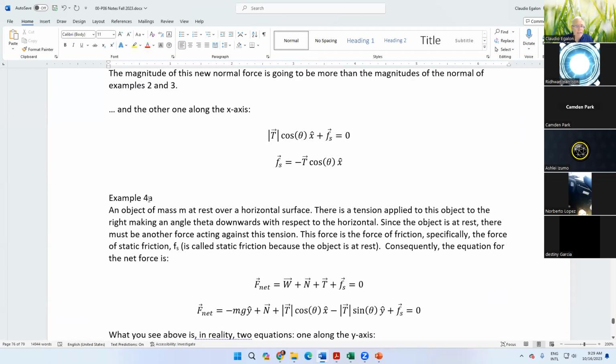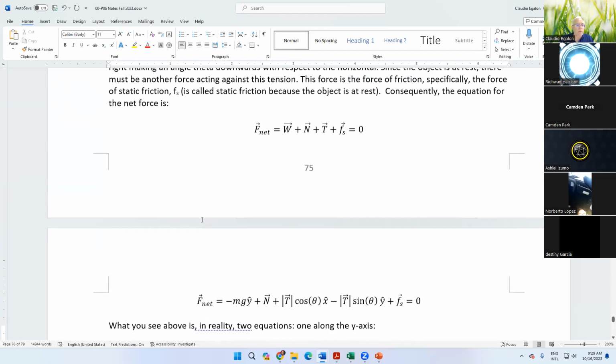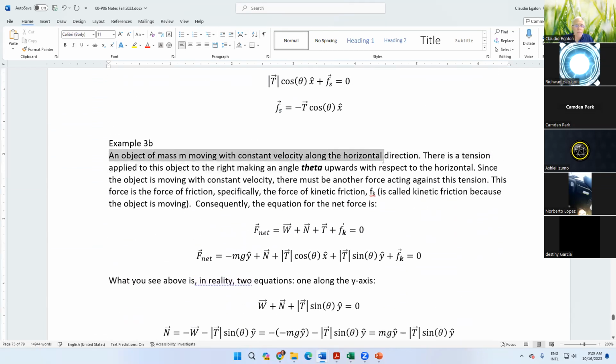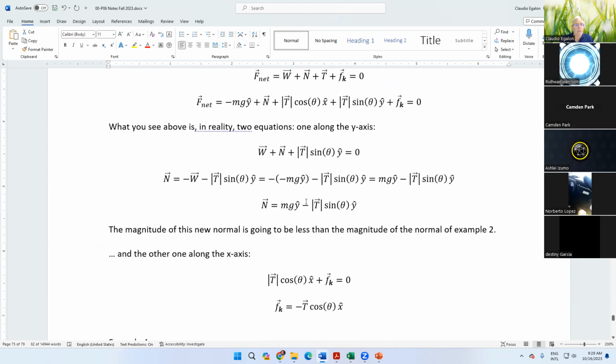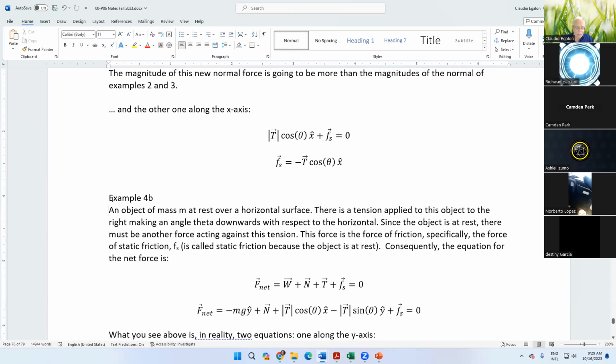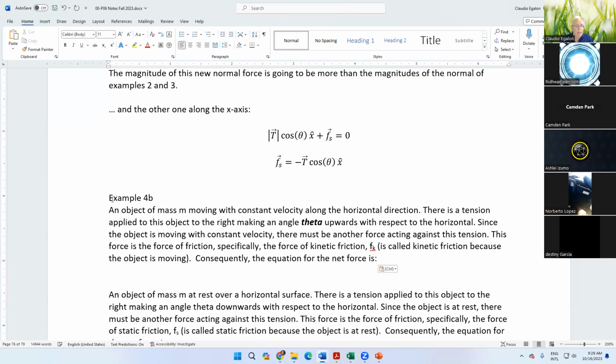The 8 different examples. An object of mass m moving, and I'm going to copy from the other one. 4B, right? An object of mass m moving along the horizontal direction.